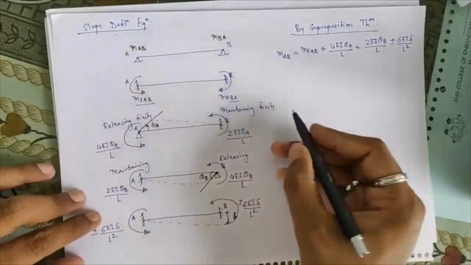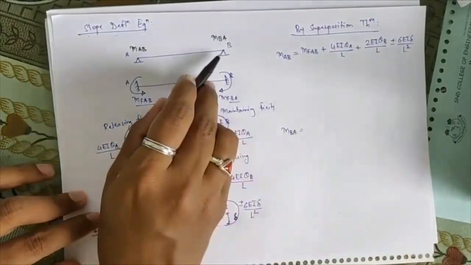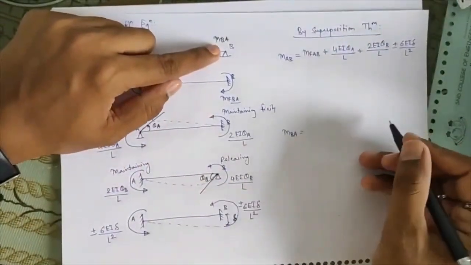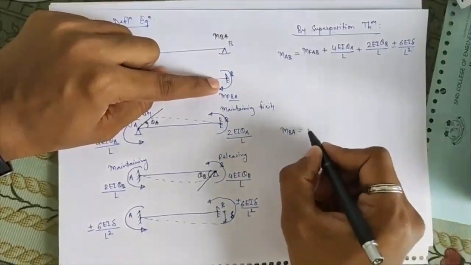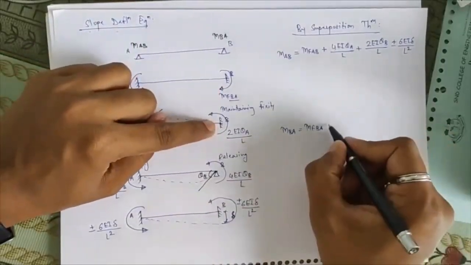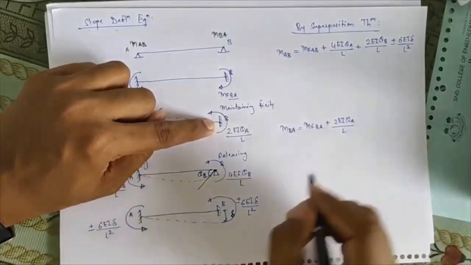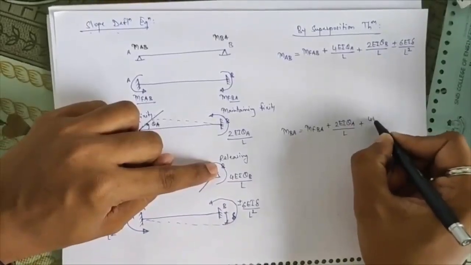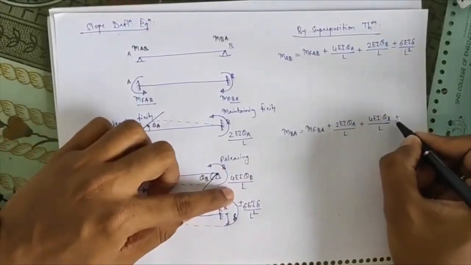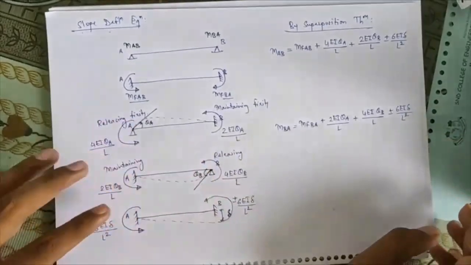In the same way, we'll find the second equation, for MBA at joint B. Simply, you have to accumulate all these values again. So MBA is equal to, first, the fixed moment at joint B, MFBA, plus 2EI theta A divided by L, plus 4EI theta B divided by L, and next, plus or minus 6EI delta upon L square, which is due to transverse displacement.